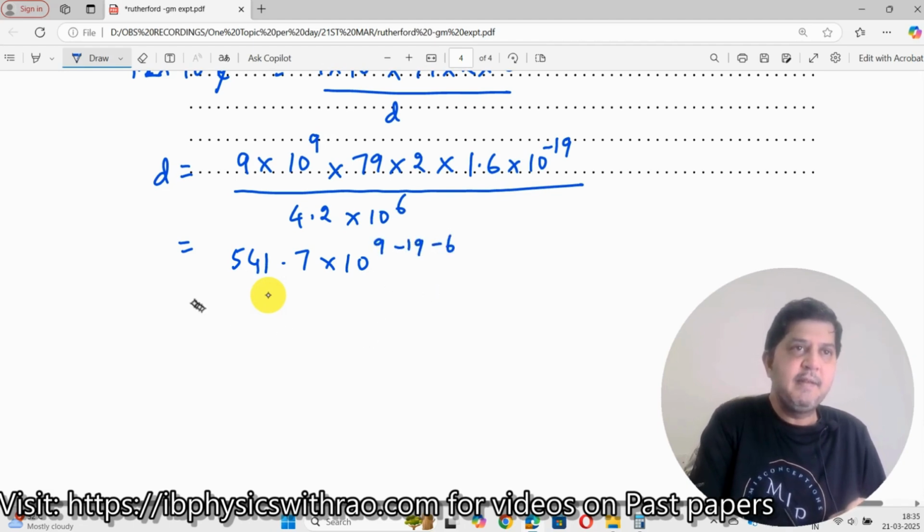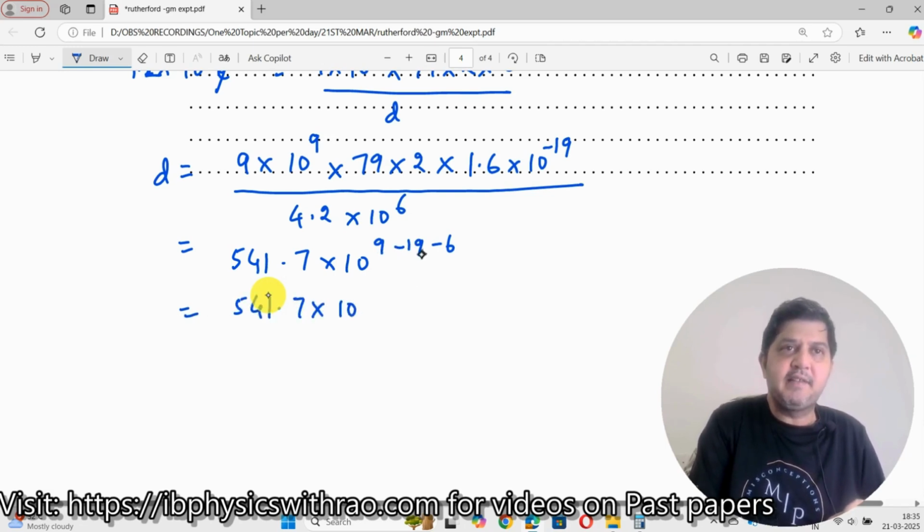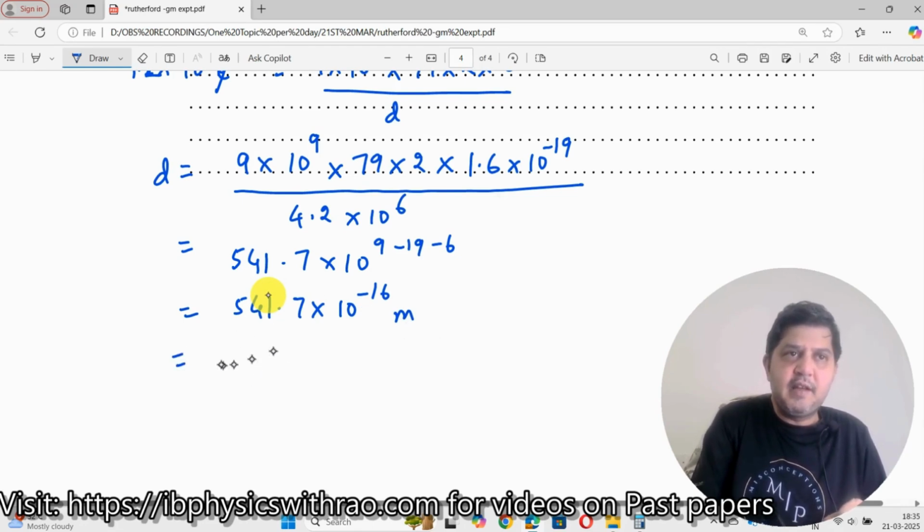How much will this be? This will be 541.7 into 10 to the power of minus 9 minus 19 is minus 10. Minus 10 minus 6 is minus 16 meters. D is in meters, right? So which should now be equal to, if I write it properly, 5.4 into 10 to the power of 2 spaces, 2 dots I move to the left, so this will become minus 14 meters.